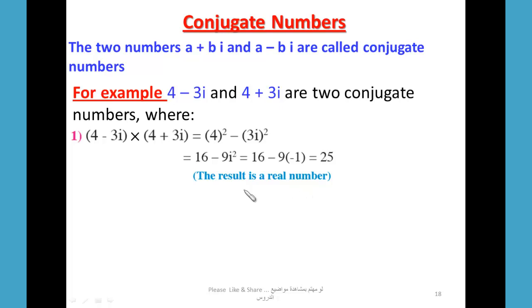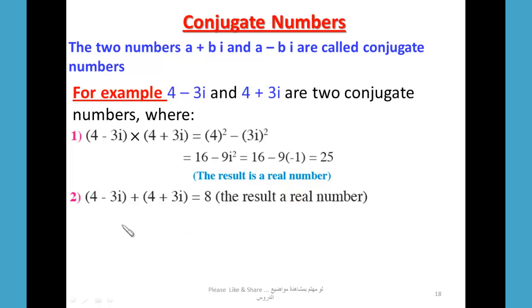And directly you can say 4 minus 3i multiply 4 plus 3i equals 4 squared plus 3 squared. It will be 16 plus 9, which equals 25.